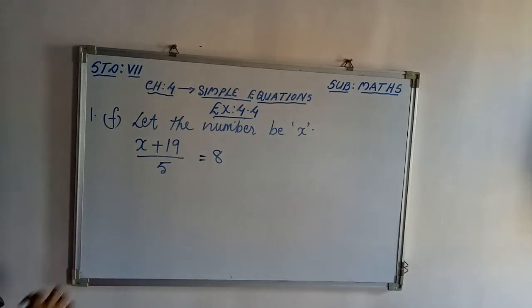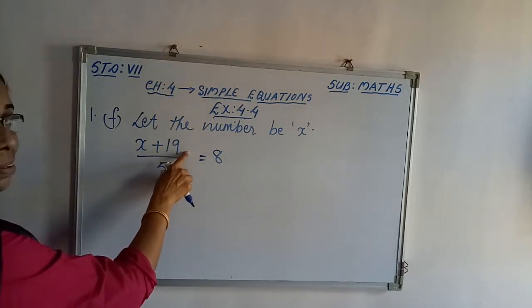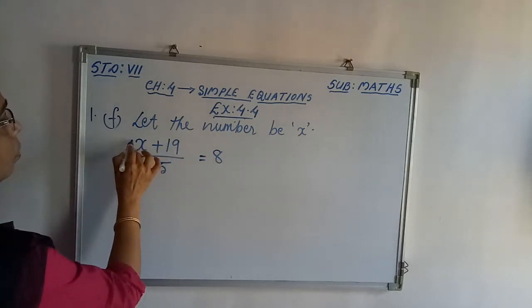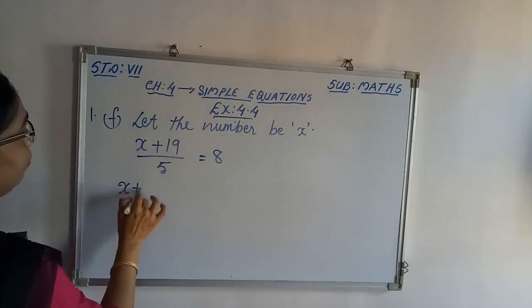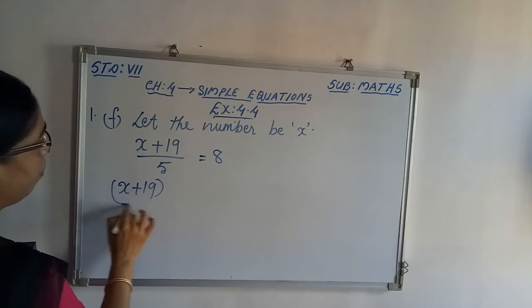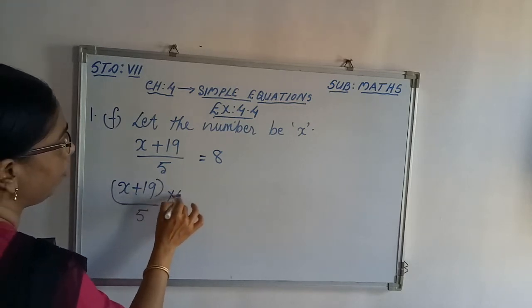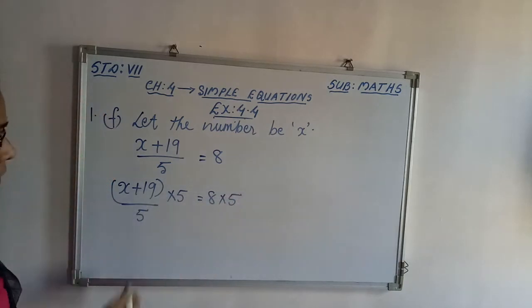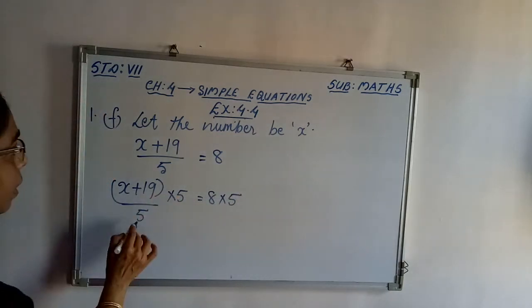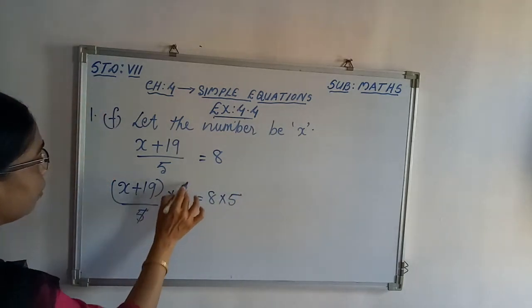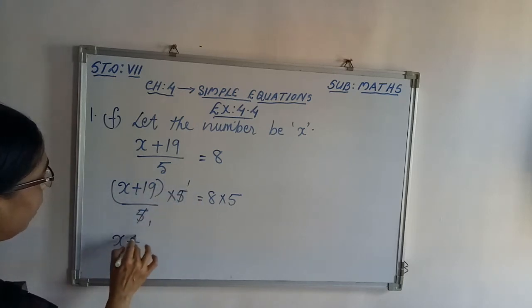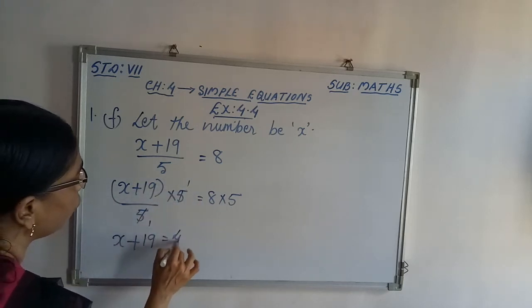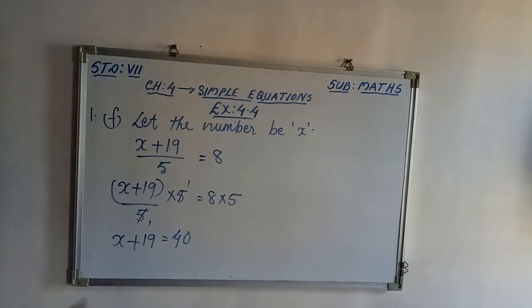First what you have to do? Multiply both the sides by 5. So x plus 19 upon 5 multiplied by 5 is equal to 8 into 5. So 5 and 5 get cancelled. We get x plus 19 is equal to 40. Next what to do?